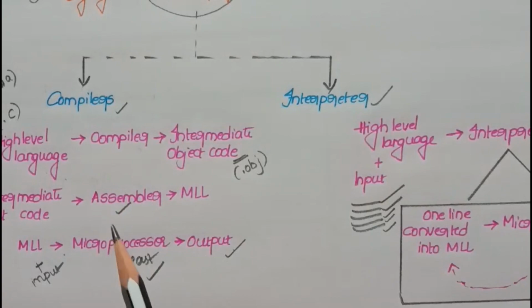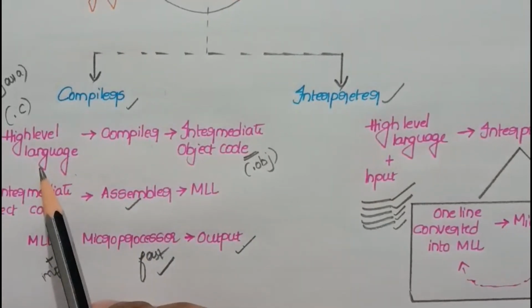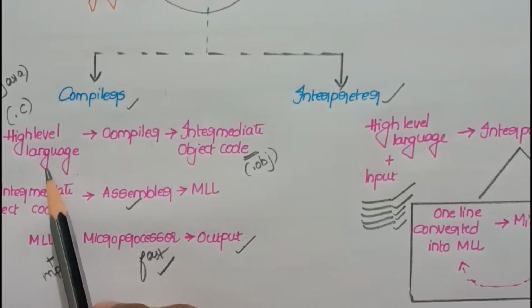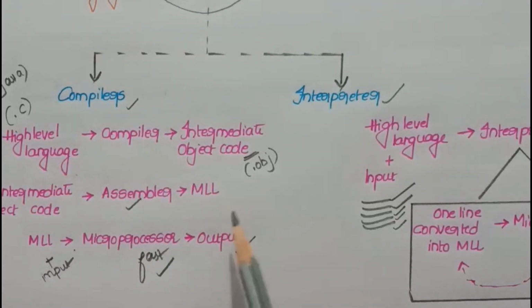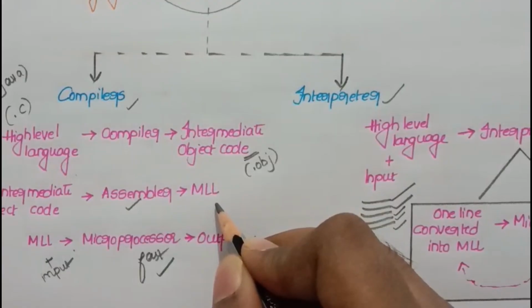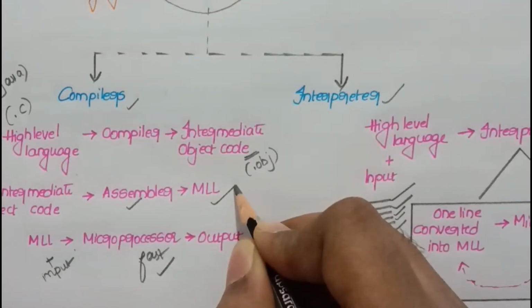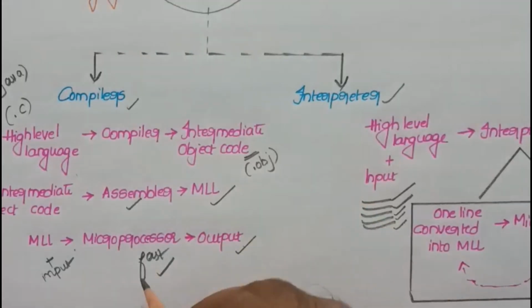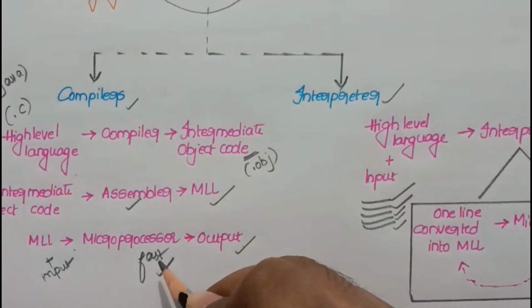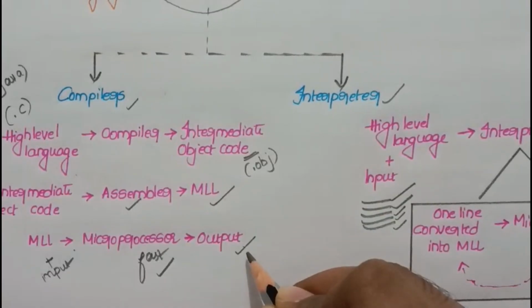Actually, compilers are fast, because once you write your high level language and you generate the machine level language, until the next modifications, this machine level language stays the same. The same machine level language can be given to the microprocessor any number of times. We will see the same output.